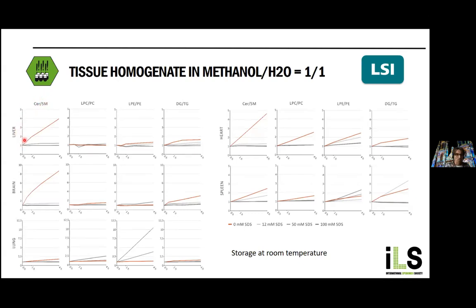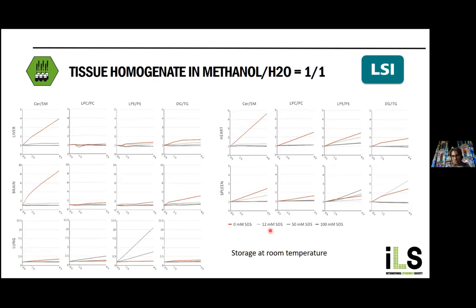If you have a look at these lipolytic ratios, for instance, ceramide to sphingomyelin in liver samples, this is the situation: you get an immediate rise. This is storage at room temperature, a twofold increase of the ceramide-sphingomyelin ratio. This turned out to be the most sensitive parameter in different tissues. Here's brain, lung, heart, spleen homogenates.